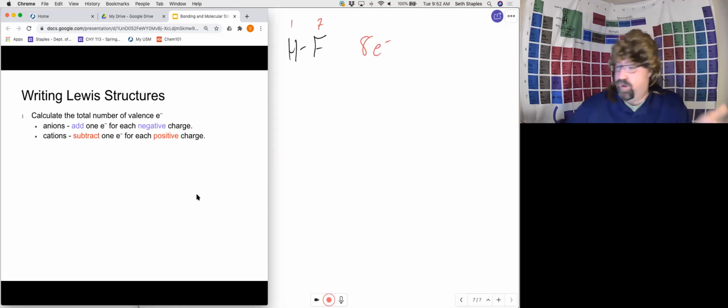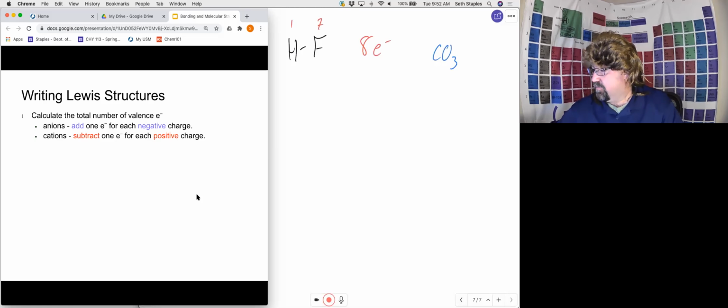Cations, we'd subtract 1. So just as an example, if you're doing the Lewis structure of carbonate, CO3 2-, we're going to see that we have 4 valence electrons on carbon. We have 6 valence electrons on oxygen, and we have 3 of those. So we have 18 total coming from oxygen.